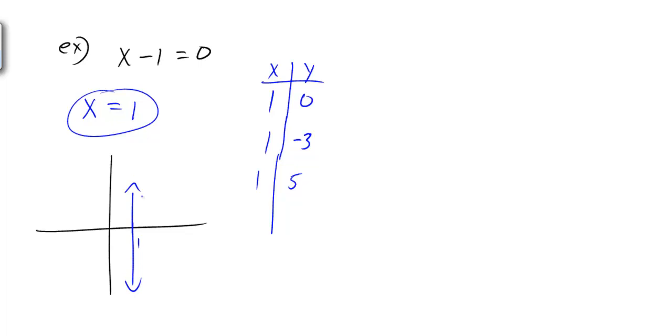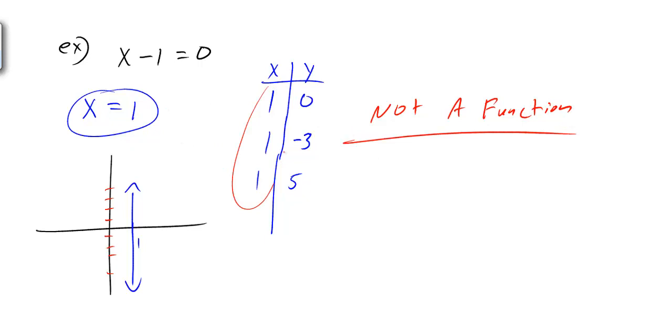So if you notice here, x is always 1 no matter what value we have for y. So this completely defeats the definition of a function, so this is definitely not a function. Because in this example, x equals 1, the 1 is being paired up with everything. So it's not only repeated once, it's repeated for the whole equation.